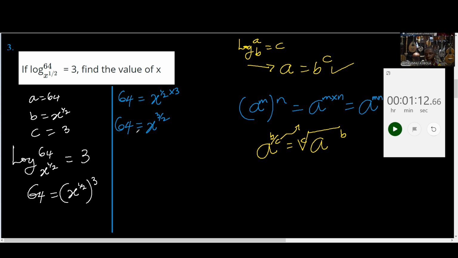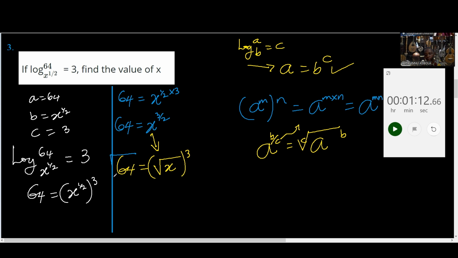So we interpret this as square root of x raised to power 3. So 64 equal to square root of x raised to power 3. Why do we use square root? Because of the 2 here. To remove the power of 3, you cube root both sides.